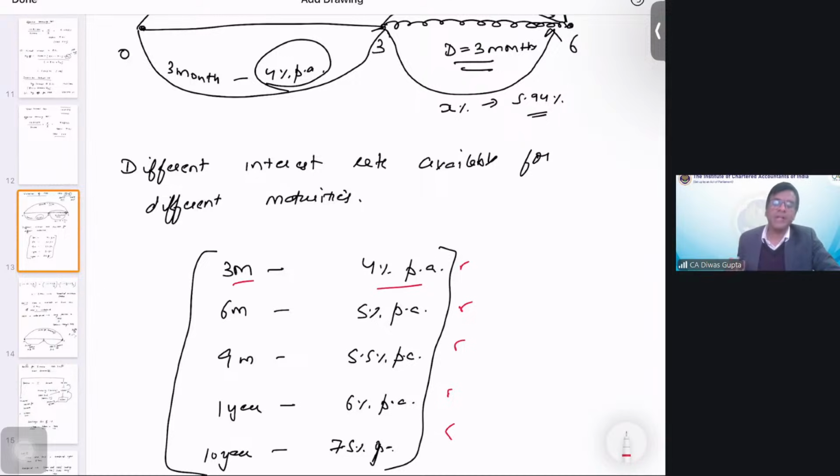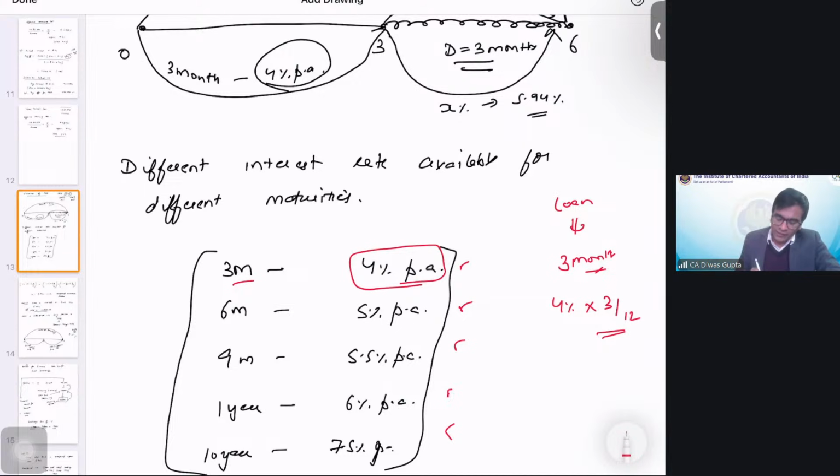Now, 3 months, 4% per annum will mean that a loan having a duration of 3 months from now, I'm not talking about a future rate here, I'm only talking about the current rate. So if I start any loan for 3 months, the interest rate applicable to me is 4% per annum. This is a per annum rate, so it will be converted into 3 months, like 4 into 3 by 12.